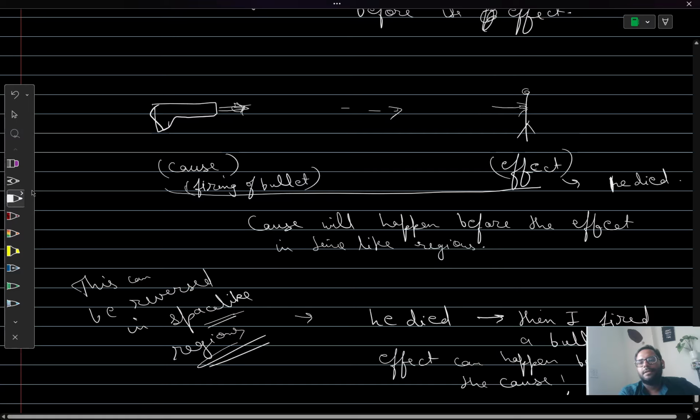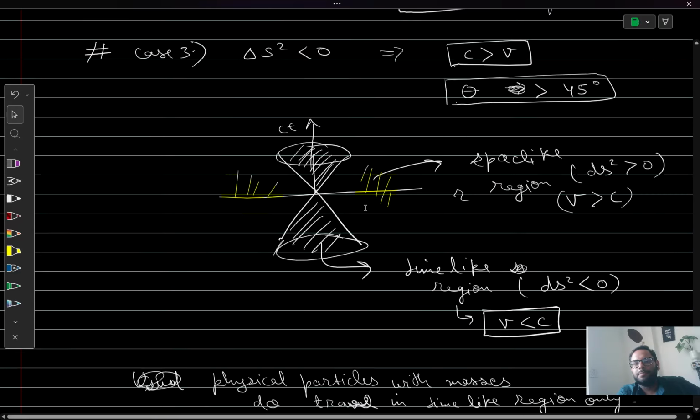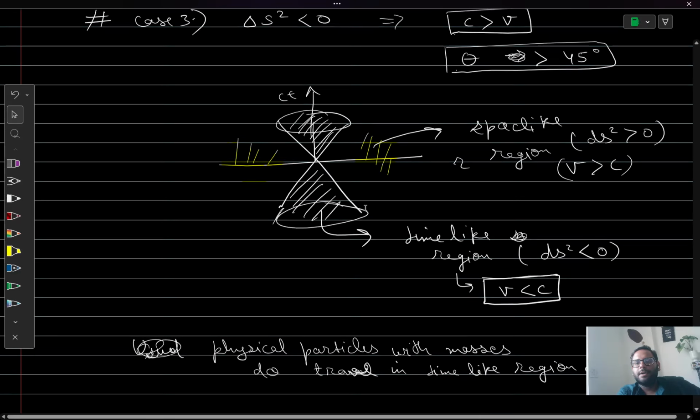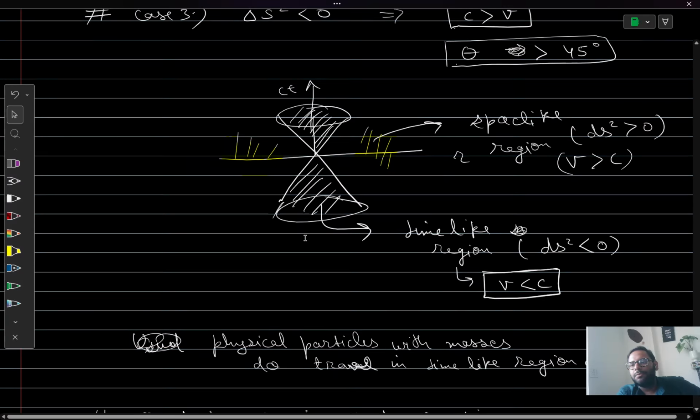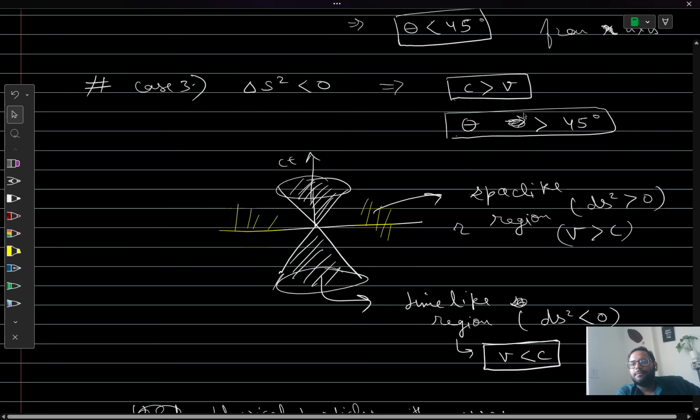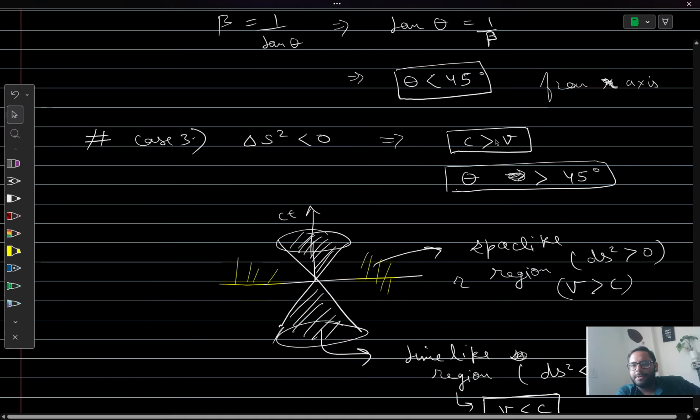But it doesn't happen in our nature because usual particles only travel with speeds less than the speed of light.